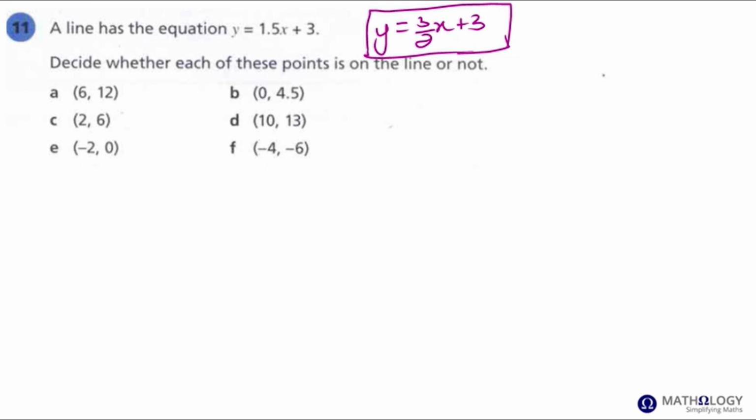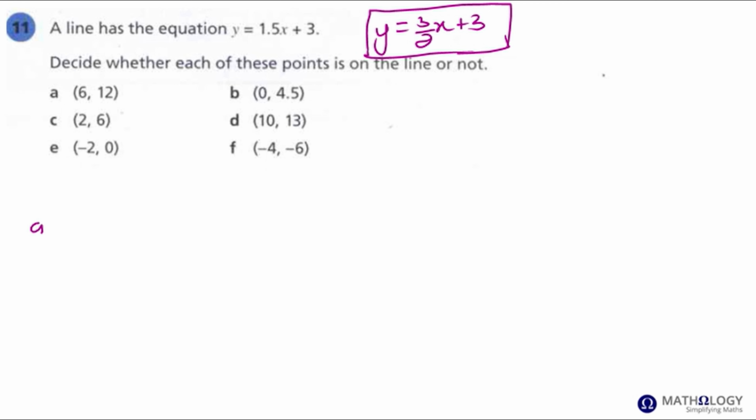Okay, if a point is going to lie on a line or a function, then when we take a point, we substitute its x coordinate into the function. If the corresponding y coordinate equals the y coordinate of the point that we were given, then that point would lie on the line.